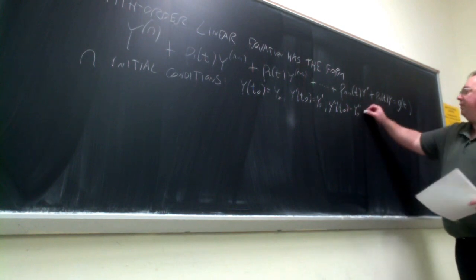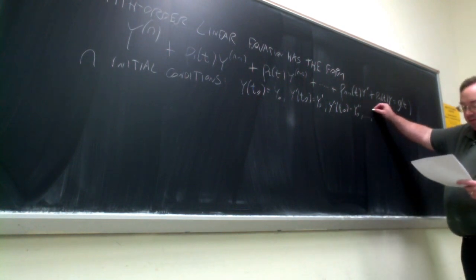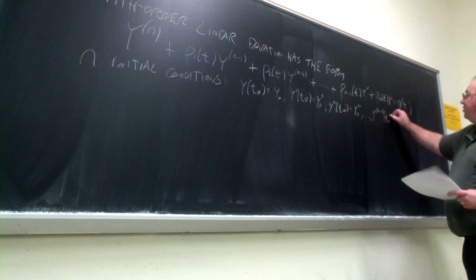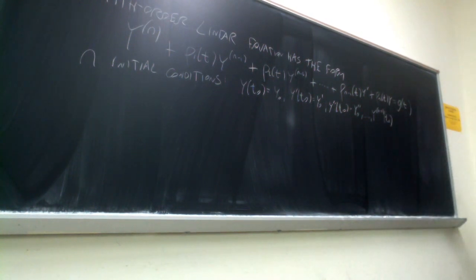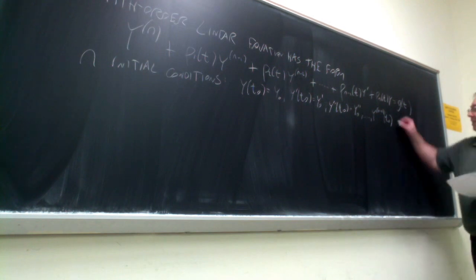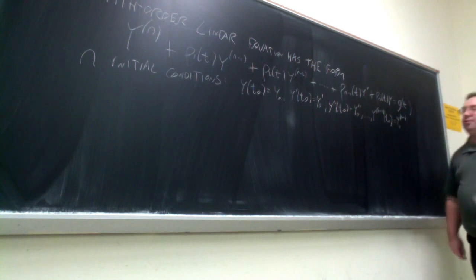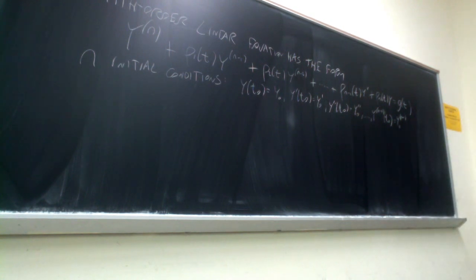We use the same parentheses notation, so we go all the way down to the n minus first derivative at your initial time t naught, which is y naught superscript n minus 1. So those are given values to narrow it down to a unique solution.